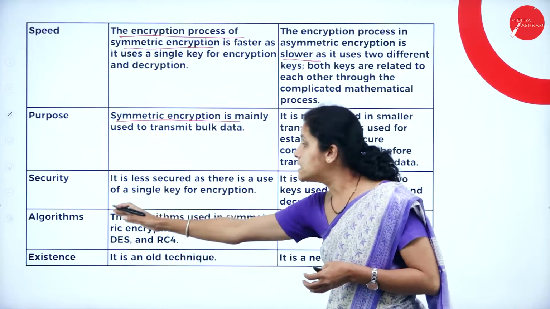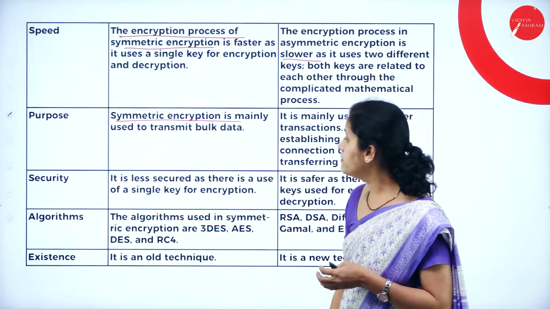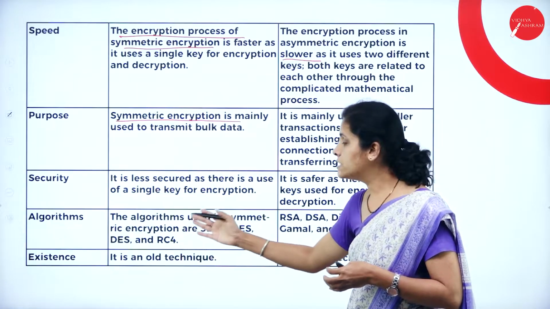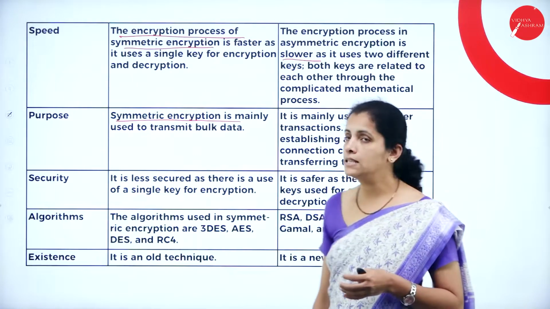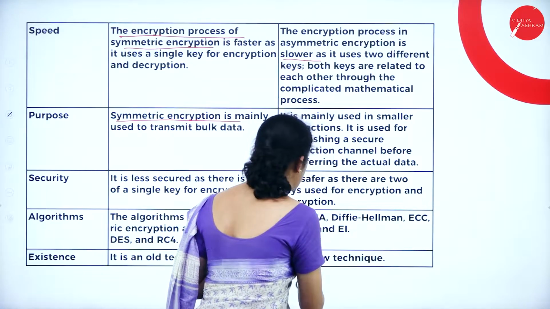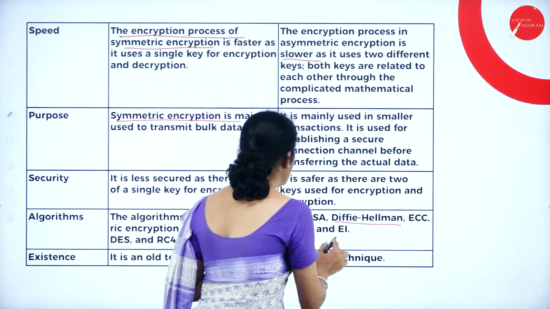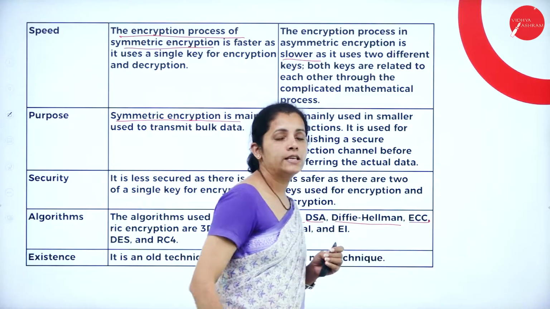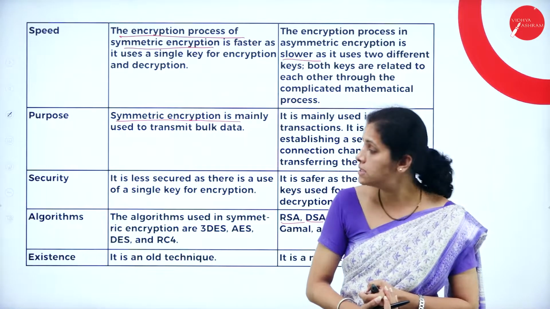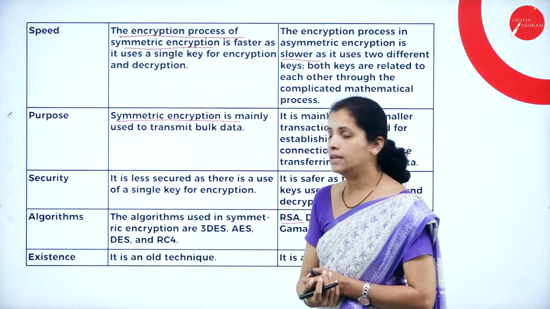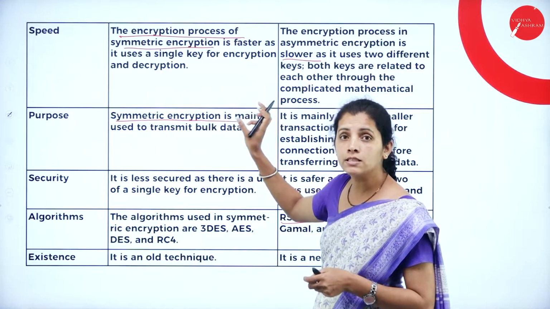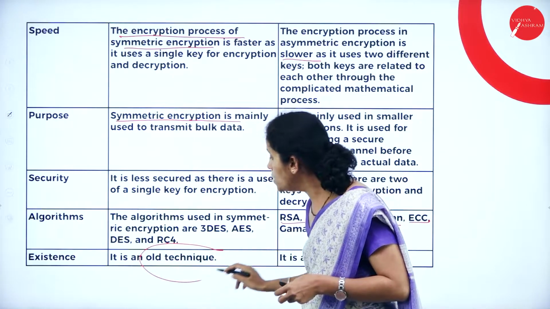Then example algorithms. Here I have AES, DES, triple DES, RC4, etc. And if I consider asymmetric key crypto system, I have RSA, Diffie-Hellman, ECC, DSA, etc. These are examples for asymmetric key crypto system. And existence: if I consider symmetric key crypto system, this is a very old technique.